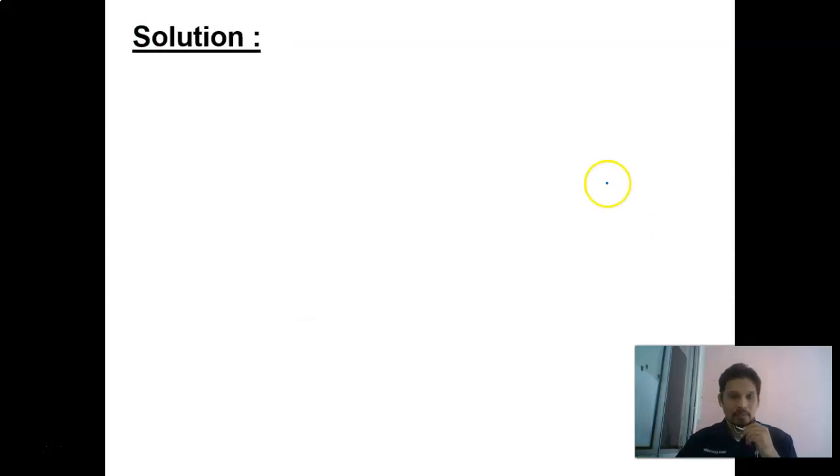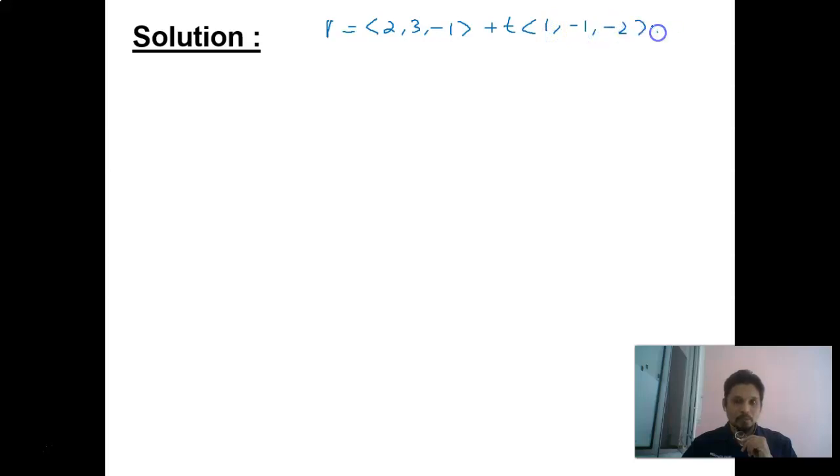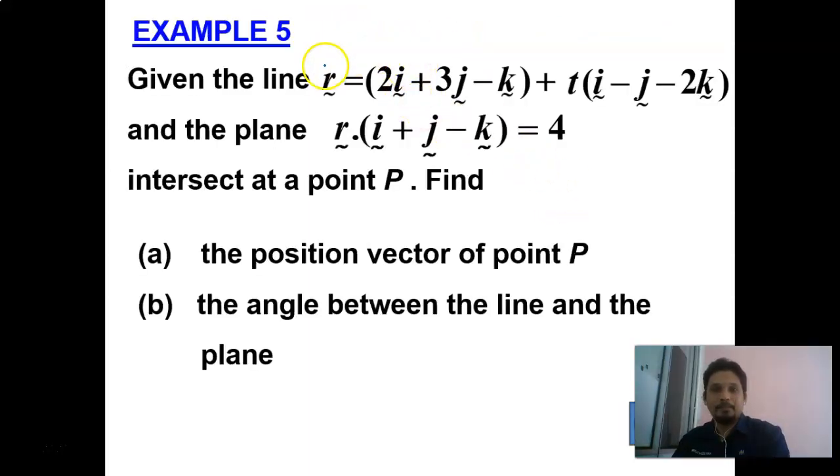The line is r equals (2, 3, -1) plus t times v, where v is (1, -1, -2).